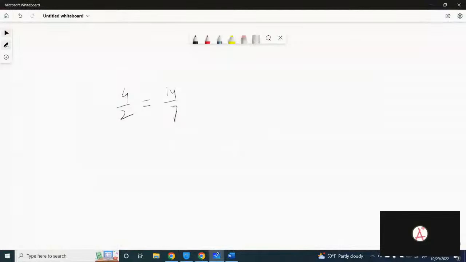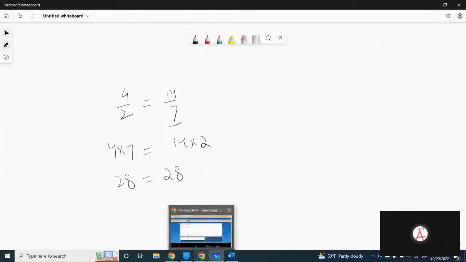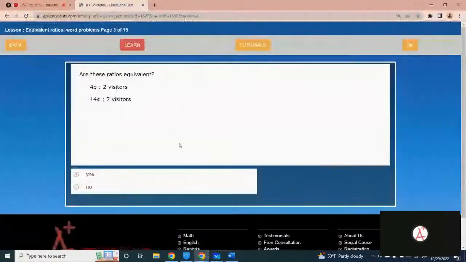Let's do cross multiplication. Multiply this numerator and denominator, so it would be 4 times 7, and then 14 times 2. 7 times 4 is 28 and 14 times 2 is 28. That means they are equal, so yes, they are equivalent. Just select the correct option. The answer is yes.